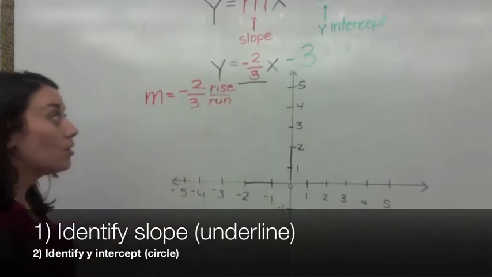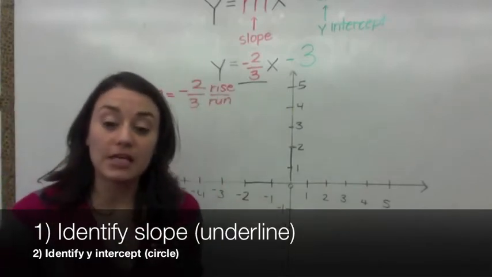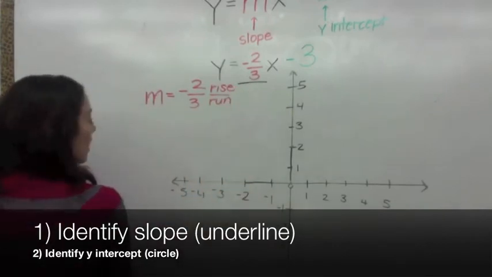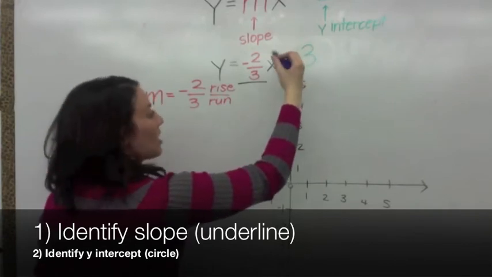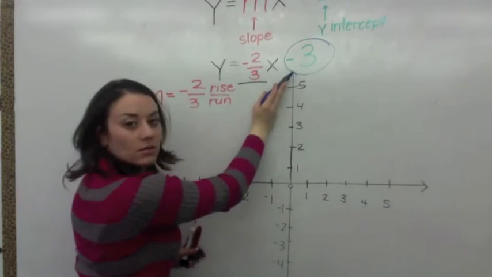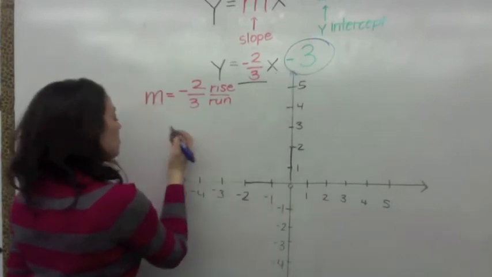Okay, now you need to identify the boyfriend or the y-intercept. What is the boyfriend? He is the y-intercept. All right, so you're going to go ahead and circle that number that is not touching x, which in this case is what number, my friends? It's -3. Very good.